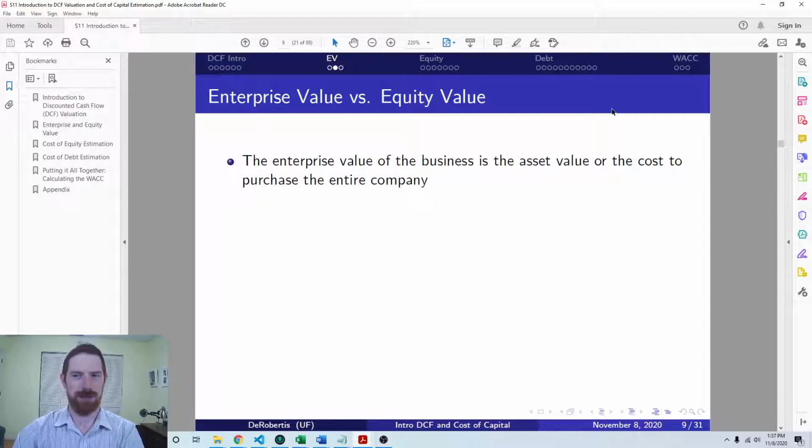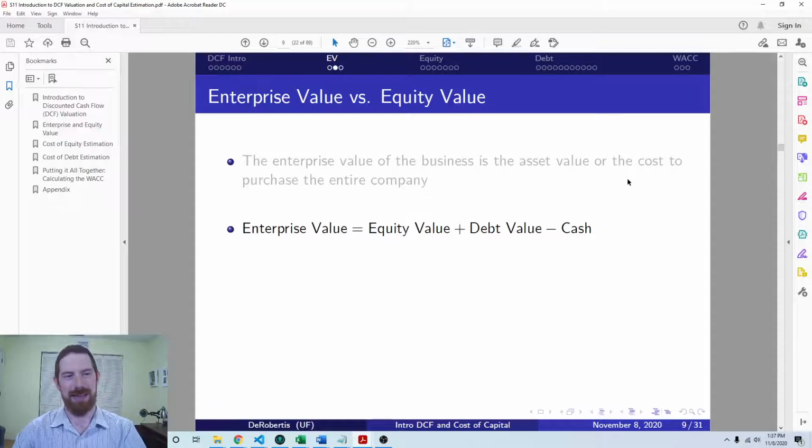And within each one, there's a way we can understand why cash is actually being subtracted to determine the enterprise value. So under the asset value interpretation, the enterprise value is representing the stockholders' value as well as the value of the loans.